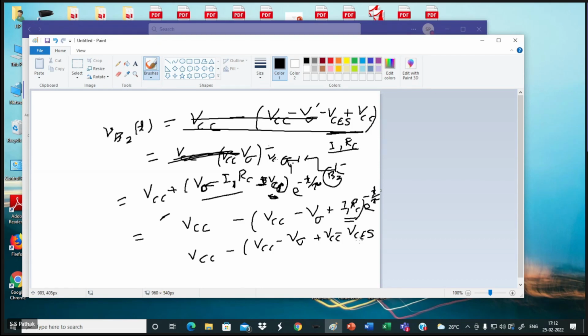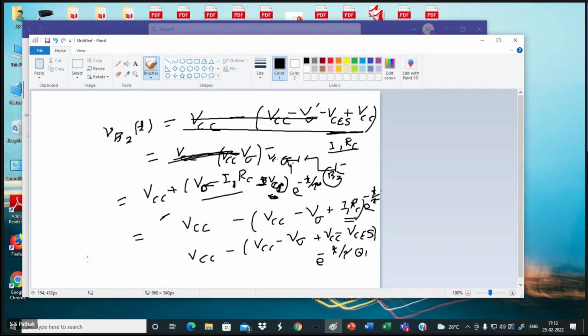Because the collector emitter became saturated when the trigger was applied, so it was VCC minus VCES that was I1RC. I1RC is not changing, remember. I1RC was the initial value when I got it, and at that time, T equal to 0 plus, this went into saturation. This is for the Q1. Q1 went into saturation. VCC minus VCES is coming like that, and this thing into E to the power minus T by tau. Now it's okay. I can write it now.